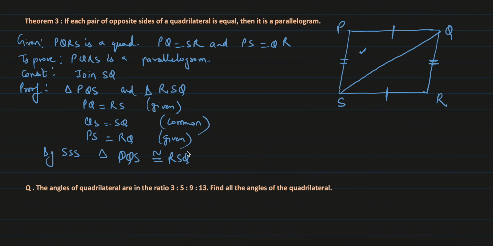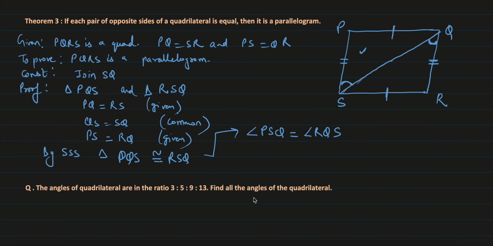Now, after congruency, what do I get? I have got that this angle comes out to be equal to this angle. So from this, I can say that angle PSQ equals angle RQS.